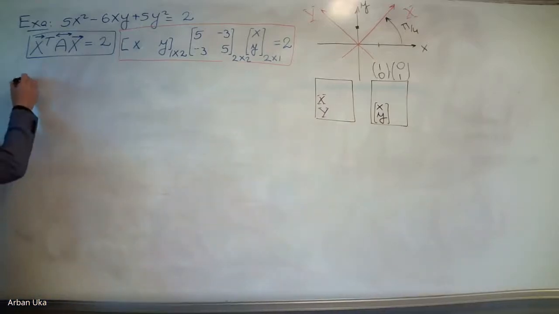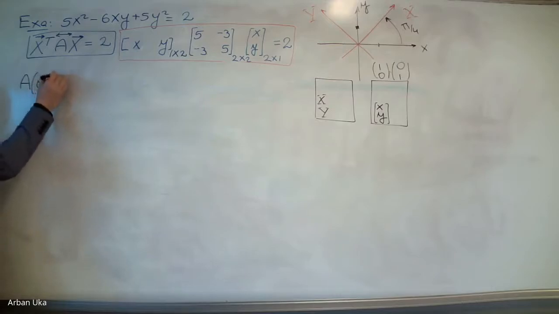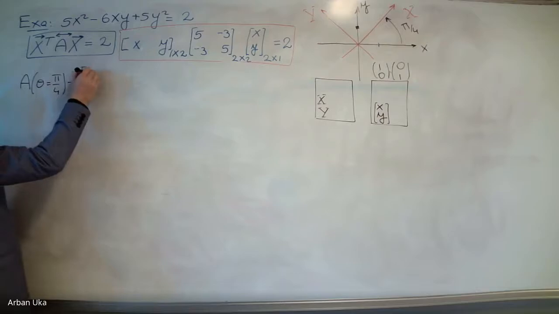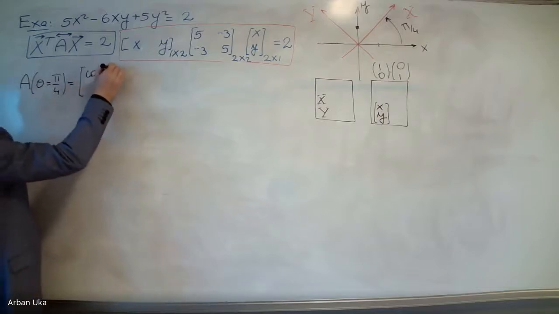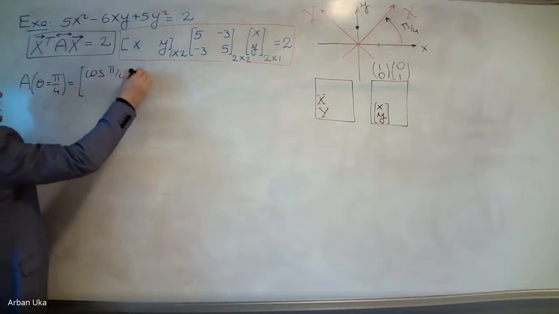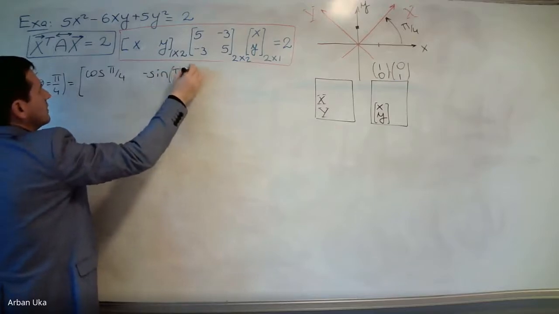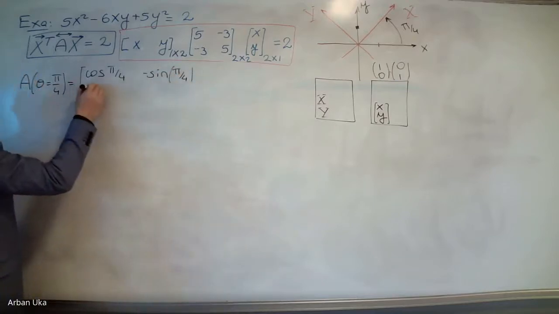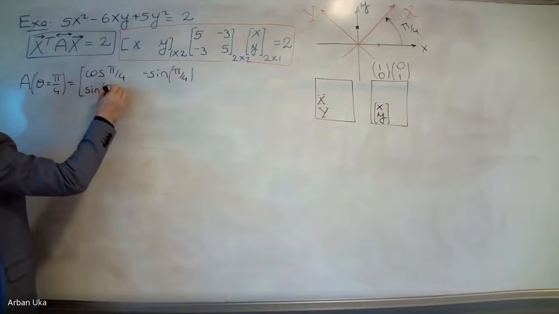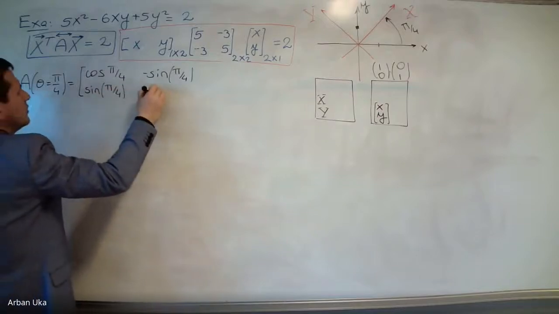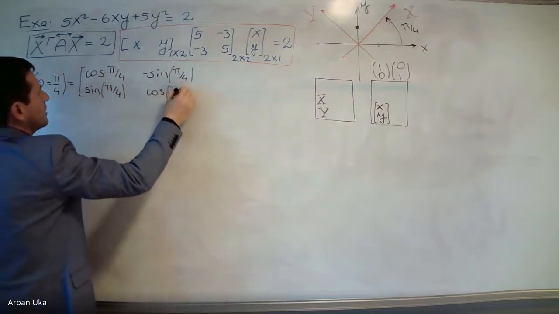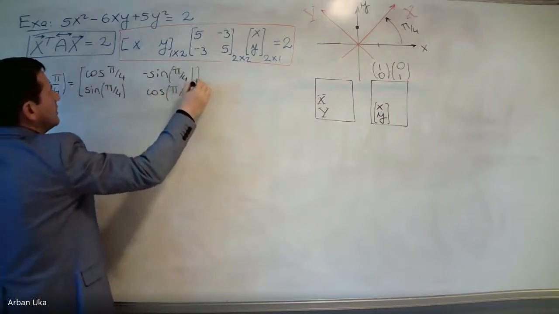And the rotation matrix is, what is the rotation matrix if the angle is pi over 4? The rotation matrix is going to be cosine pi over 4, minus sine pi over 4, okay? Then we have sine pi over 4, and here we have cosine pi over 4.